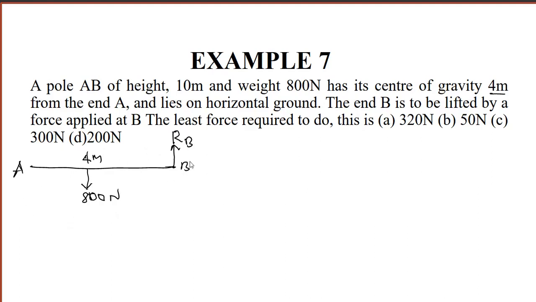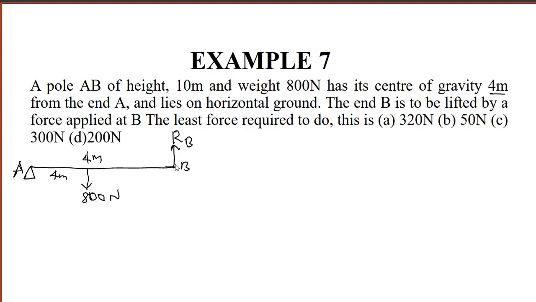Now, if we take moment at B, the reaction at B will not create a moment. So the best thing to do is to take moment at what? At A. So let's take moment at the point A. If I'm taking moment at the point A, which means I have my knife edge at point A. So from A to the 800 Newton is 4 meters.